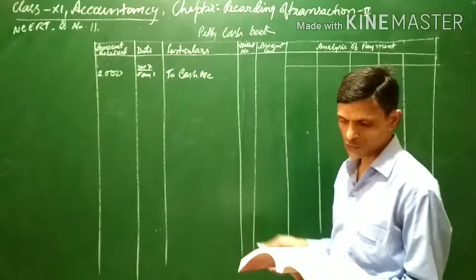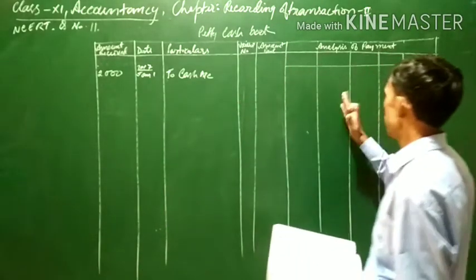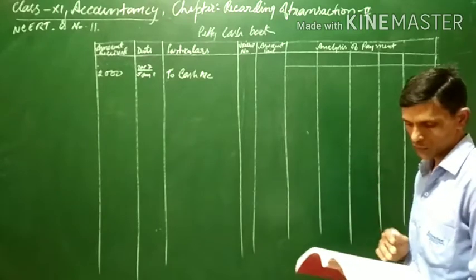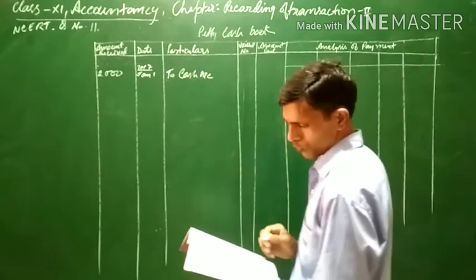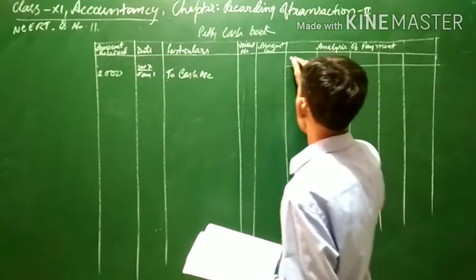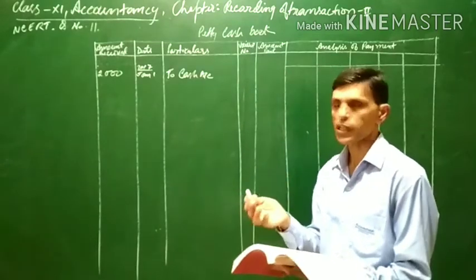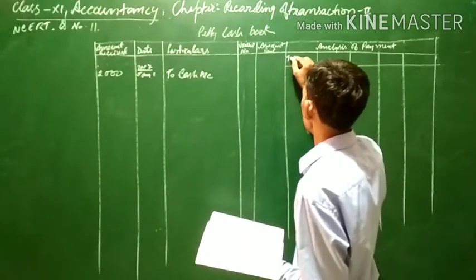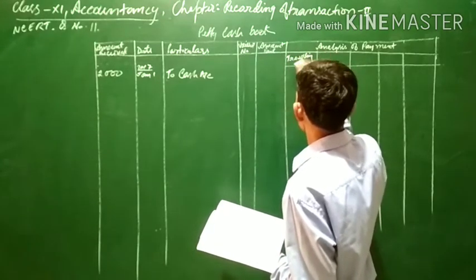Now all the expenses will be written. Let us see what the headings of the various payment columns are. Here cartage is given, then study charges, bus fare, and again taxi fare and bus fare. So one column should be for traveling expenses.